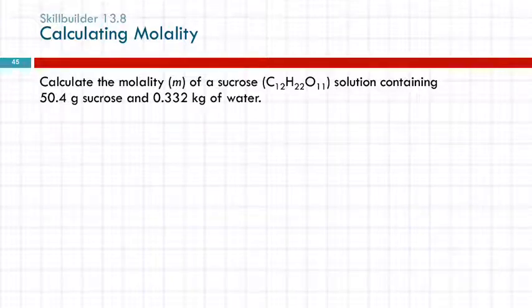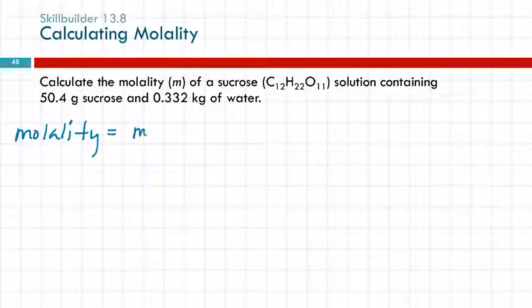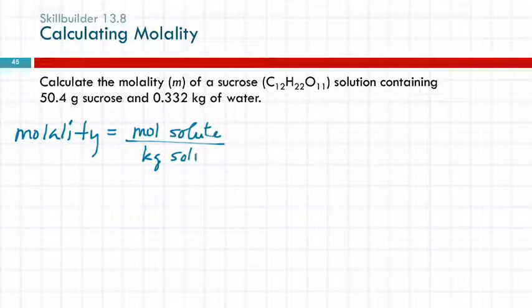Okay, so let's calculate a molality. Molality of a sucrose solution containing 50.4 grams of sucrose and 0.332 kilograms of water. So we need to remember what molality is. Molality is moles of solute divided by kilograms of solvent, not solution.